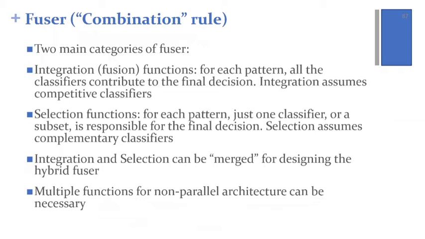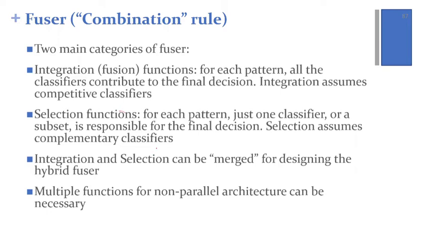Now, in the integration system, there are situations whereby we assume competitive classifiers. That is, every classifier has its own advantage to contribute to the union that we are trying to build. So in the integration function, we have a situation whereby each of the base classifiers is competitive on its own, so we want to take advantage of everybody.